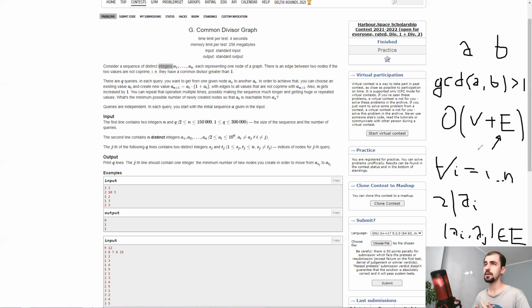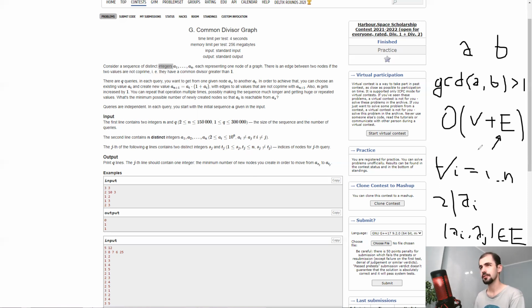For example, this problem specifically asks us how many new vertices it will take to connect two vertices. So one obvious special case is when vertices are already connected, you kind of don't care, right?